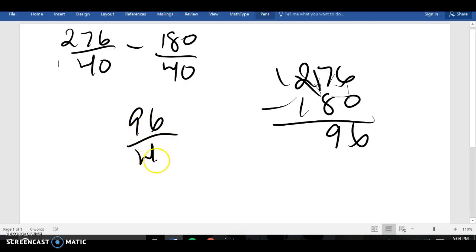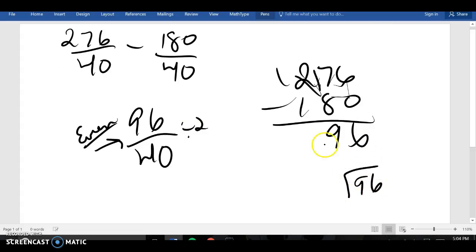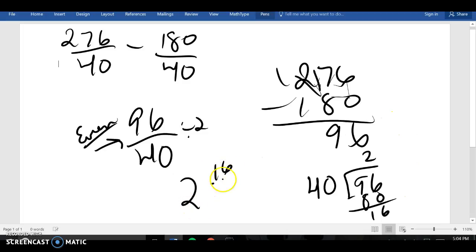Now that's definitely not in simplest form because, hey, look, both of these are even. Okay, so let's divide by 2, just to start off with simplifying them. Or, what I would suggest is actually turning this into a mixed number and then simplifying. So 40 goes into 96 twice. We've got 16 left over, so I've got 2 and 16/40ths, because remember our remainder goes over what we're dividing by.